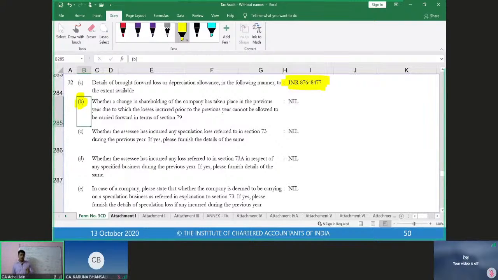please make sure that you at least flip through these clauses. I don't expect you to go down and get into the details of these clauses. I'm not expecting you to practice questions on these clauses.